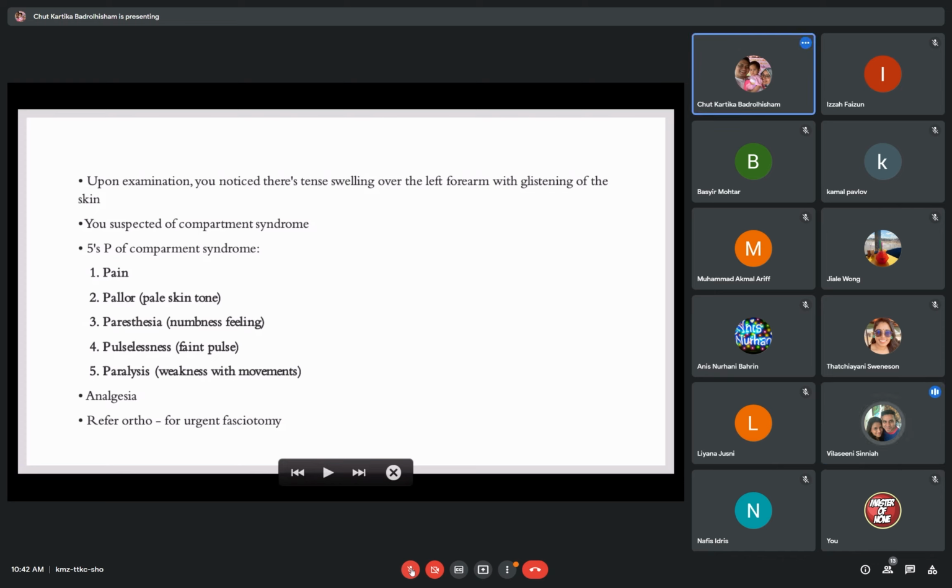So very close monitoring of the swelling to identify early compartment syndrome is extremely necessary. Why? That will lead us to the initiation of the antivenom. Once the antivenom is given, the chance for the swelling to reduce is extremely high. We can even prevent the fasciotomy, especially in snake bite.